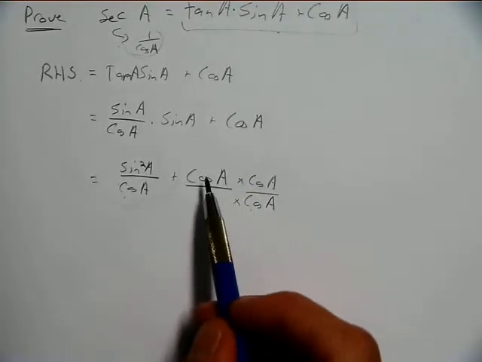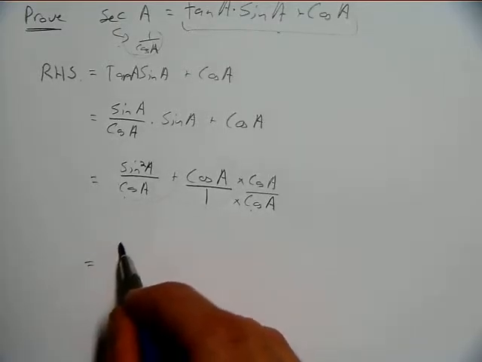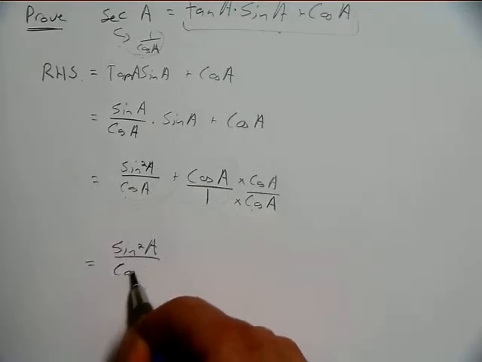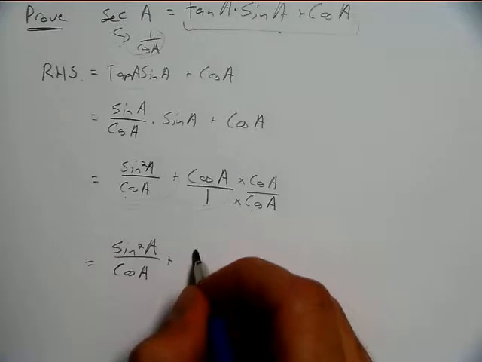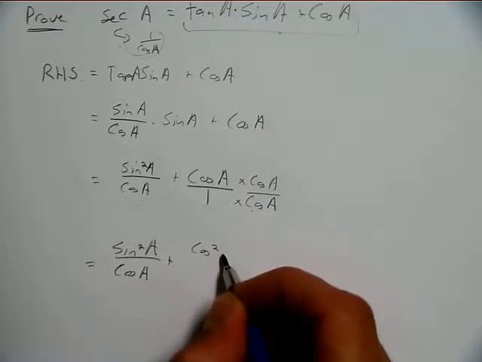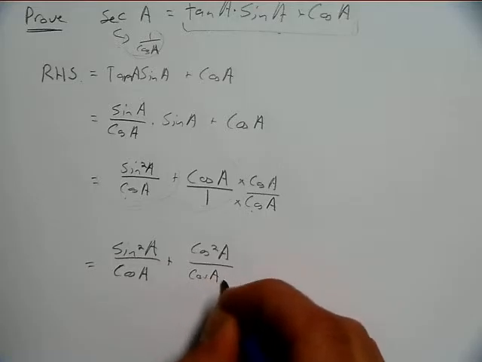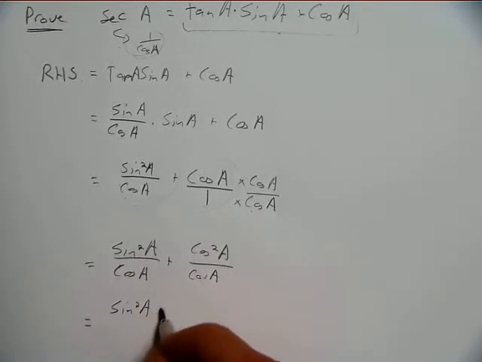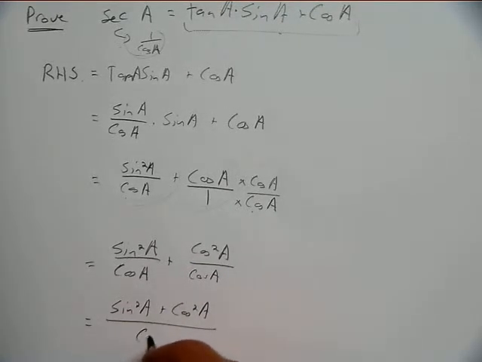So I end up with sin squared A on cos A, plus cos A times cos A, which is cos squared A on cos A, which I can say is sin squared A plus cos squared A on cos A.